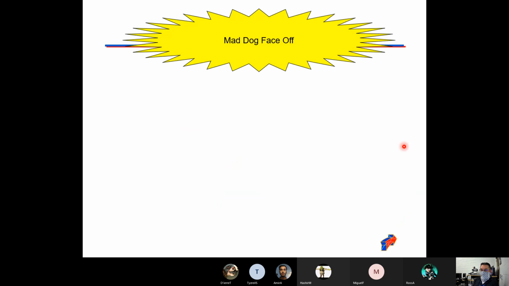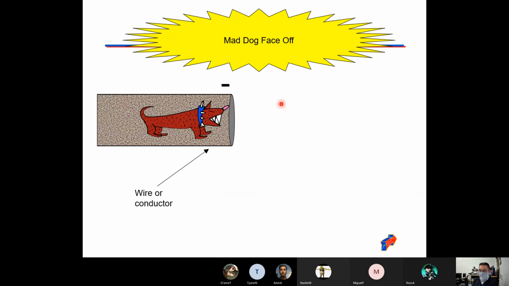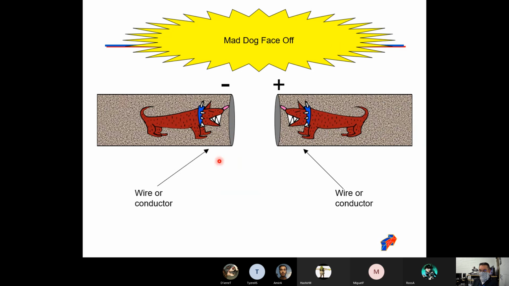All right, so the next part is this. This is another example of what's happening. Here's your wire, and you have a gap between negative and positive, right? So here you have a small amount of area that can hold electrons and can jump across.